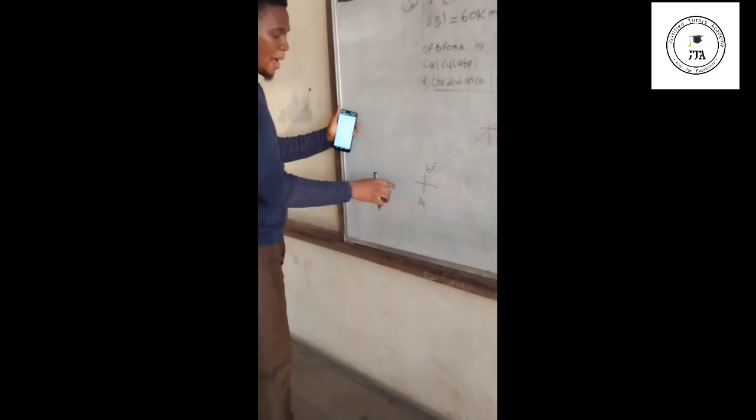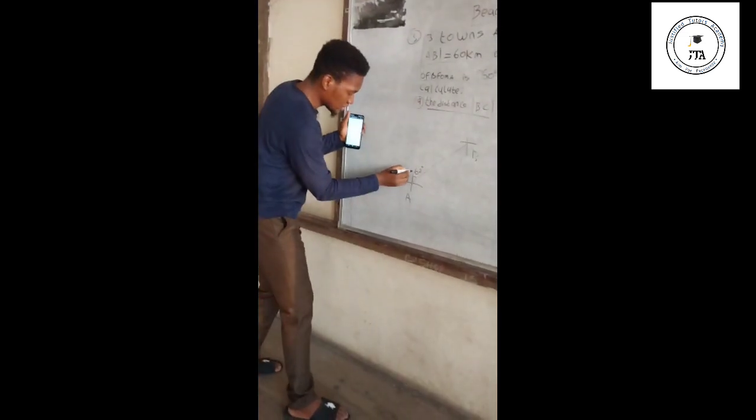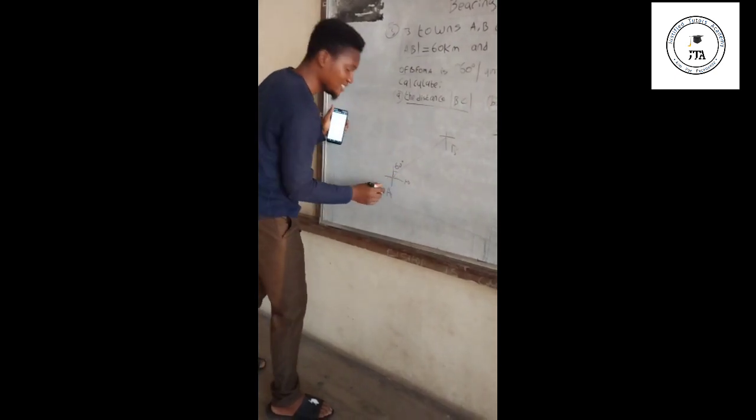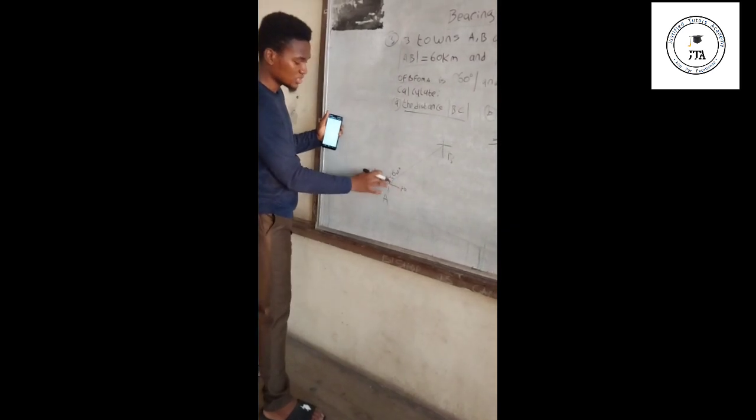Now you are wondering why I put my 60 degrees here and not here. This is because 60 degrees is in between 0 and 90, and 0 and 90 lie in the northeast region.